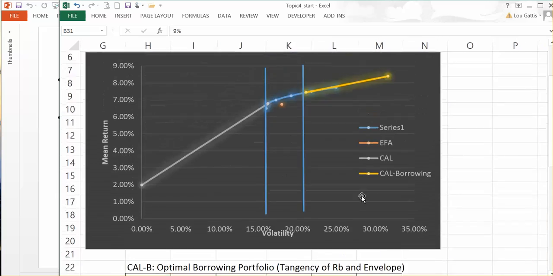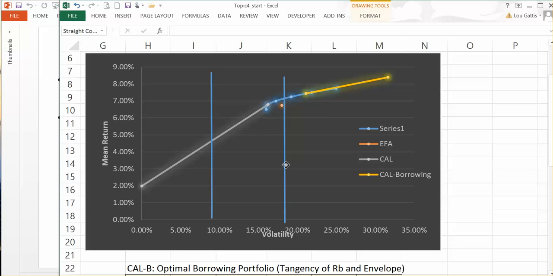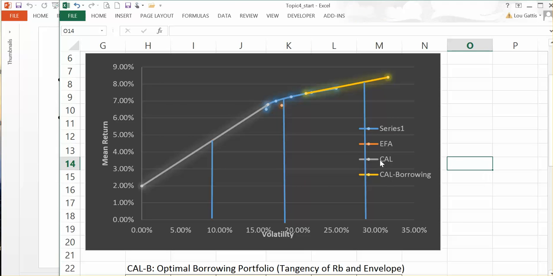That means I'm going to find a portfolio at 9% vol, which is about there, and I'm going to find a portfolio on this line. I'll find one with 18% vol, which is about here, so it would be this point. And this point. And then on 27% vol, you want a high volatility portfolio.